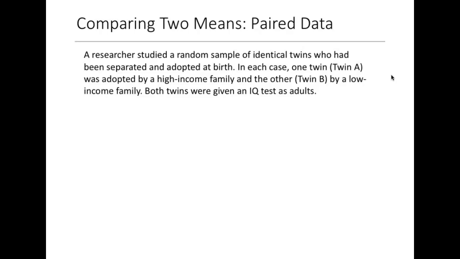So here's an example of paired data. A researcher studied a random sample of identical twins who had been separated and adopted at birth. In each case, one twin, twin A, was adopted by a high-income family, and the other twin, twin B, by a low-income family. Both twins were given IQ tests as adults.